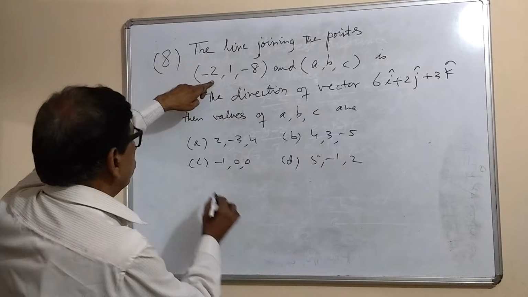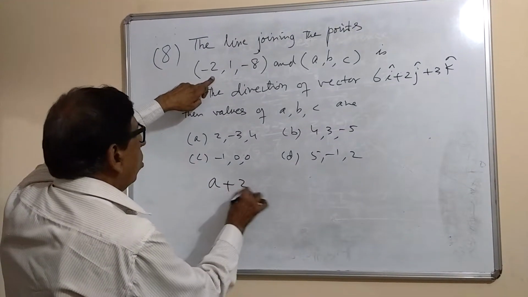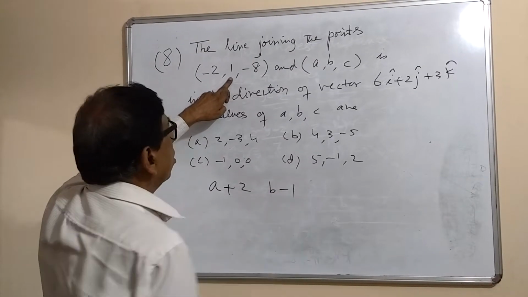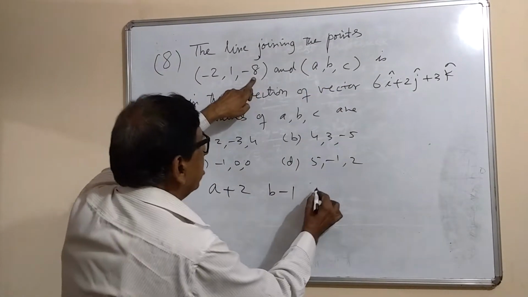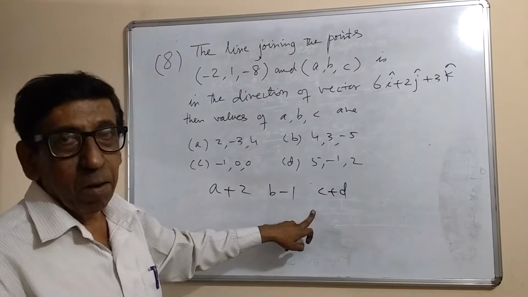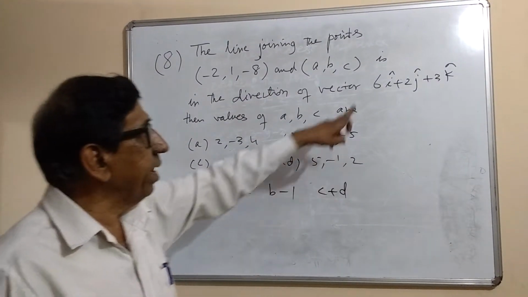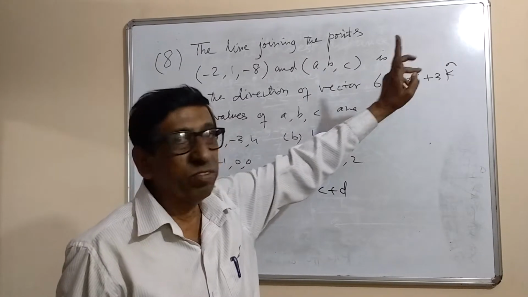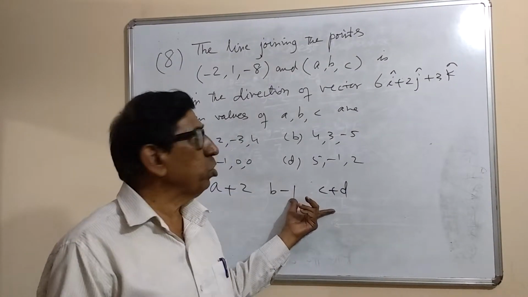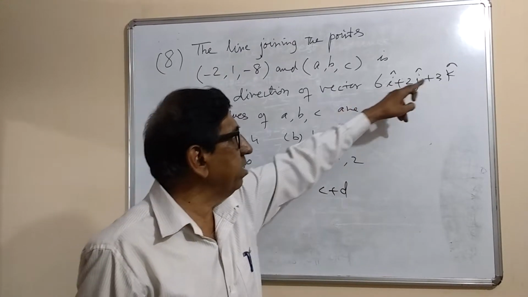A plus 2, B minus 1, C plus 8. These are the direction ratios of the line. But the line is in the direction of the vector 6i plus 2j plus 3k. Therefore, these direction ratios must be proportional to 6, 2 and 3.